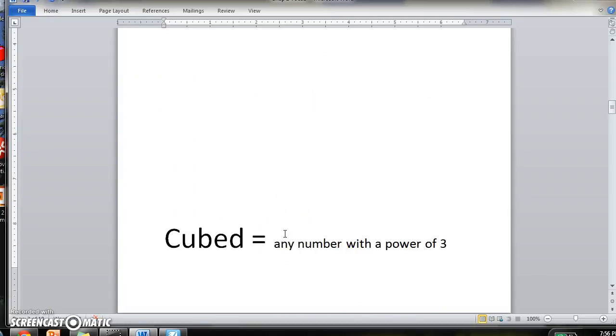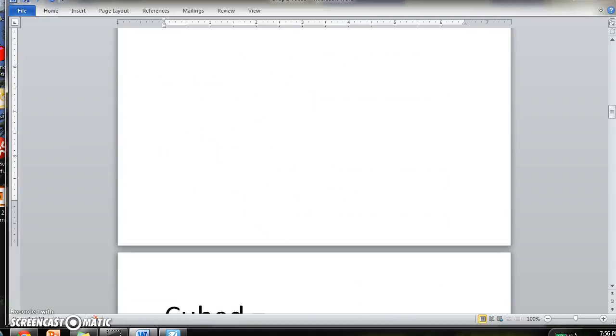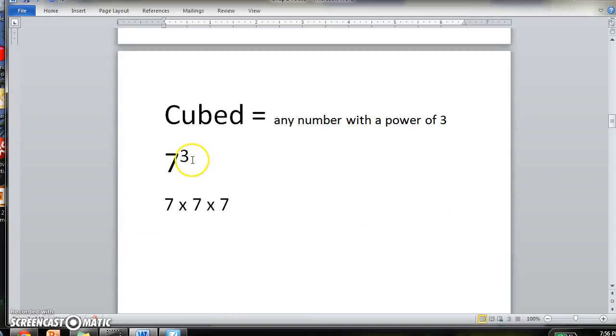So we have certain terms though for certain exponents. So when you have an exponent of 3, you say cubed. Any number to the power of 3 or with an exponent of 3, you say 7 cubed. For example, this is 7 cubed.